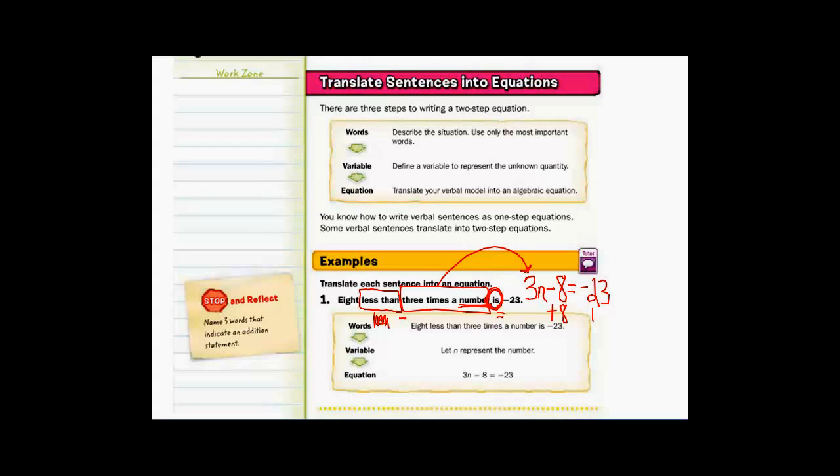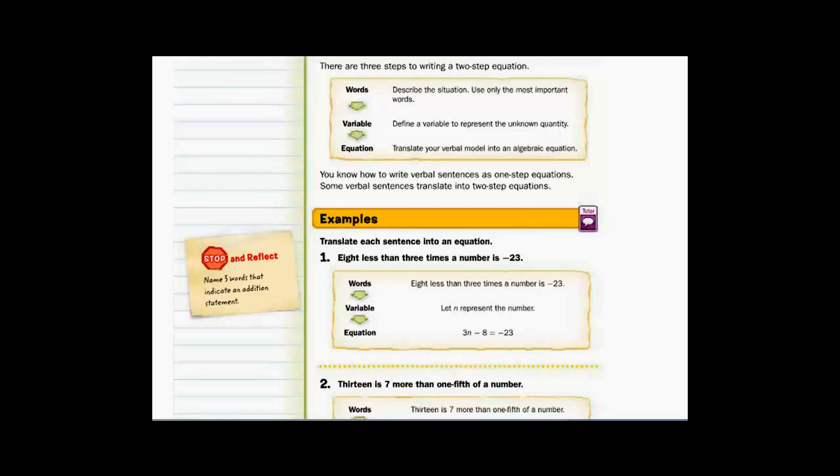Add 8, so 3n is equal to negative 15. Divide by 3. n is equal to negative 5. All right, so again, just because it's written in this order does not mean it translates into an equation in that order. So you do have to think about what it's saying and about what it means.